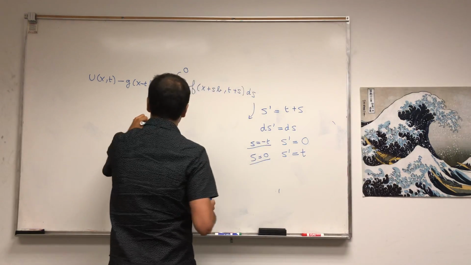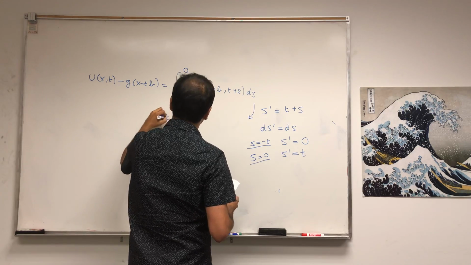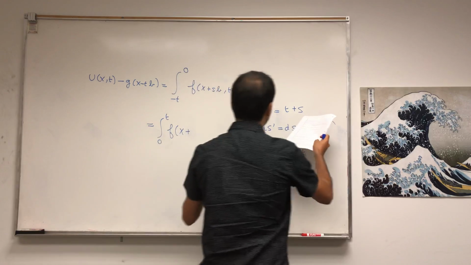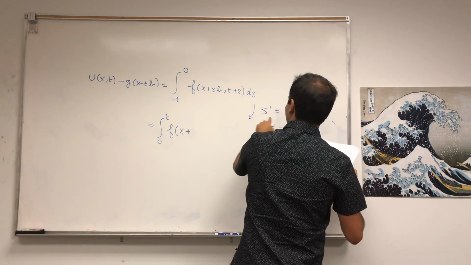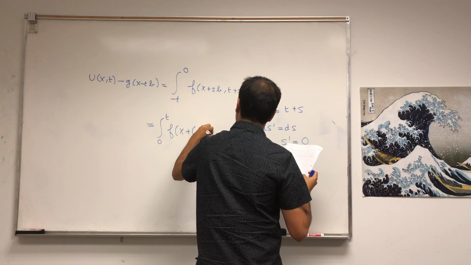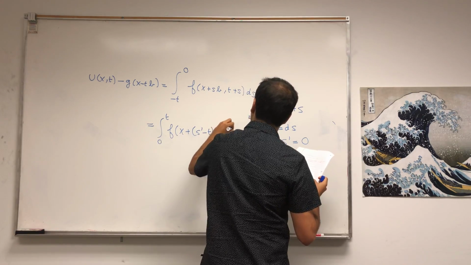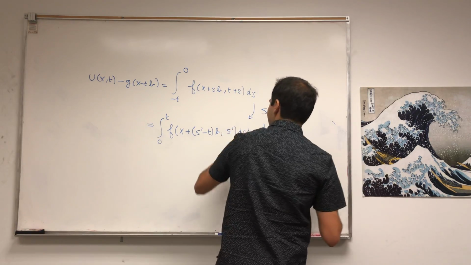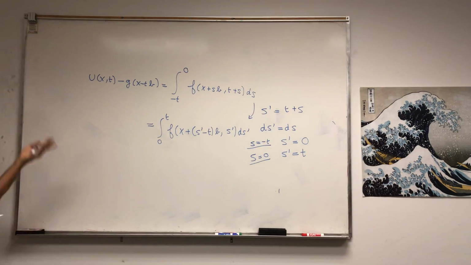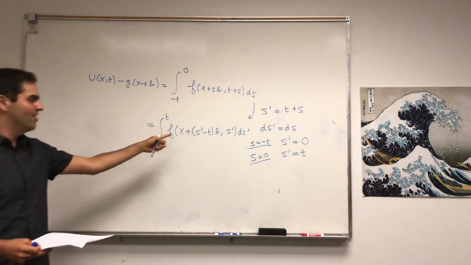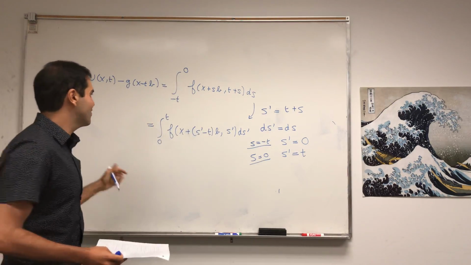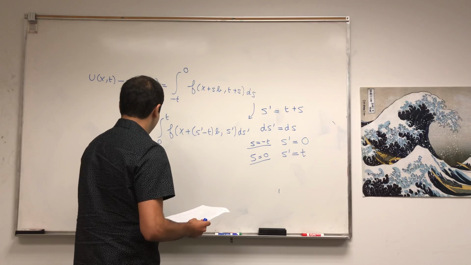So this becomes the integral from 0 to t of f of x plus, so s becomes s prime minus t, b, and then s prime, ds prime. And well, now we can just remove the primes, or just let s prime equal s or something, and that's fine.